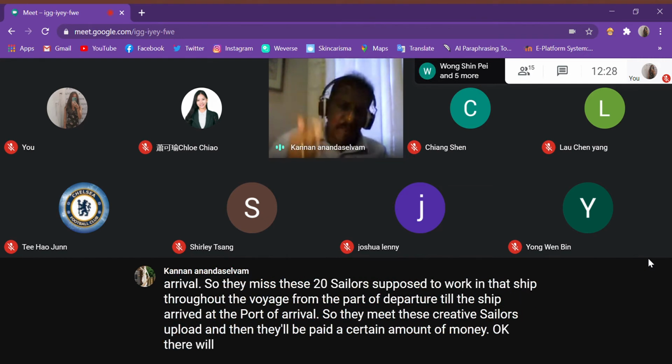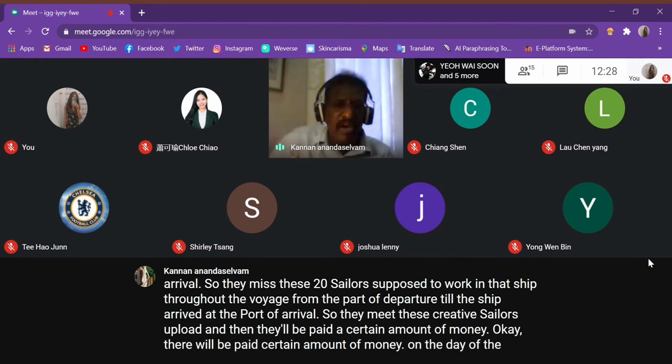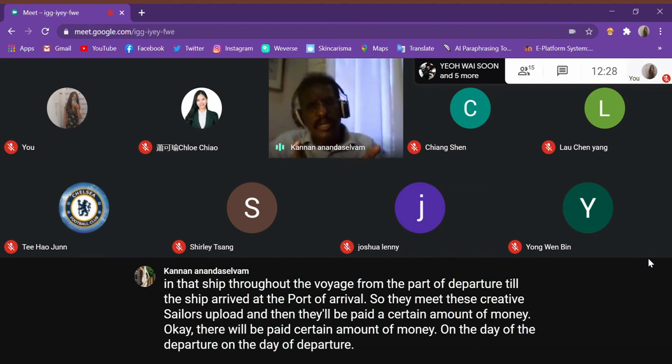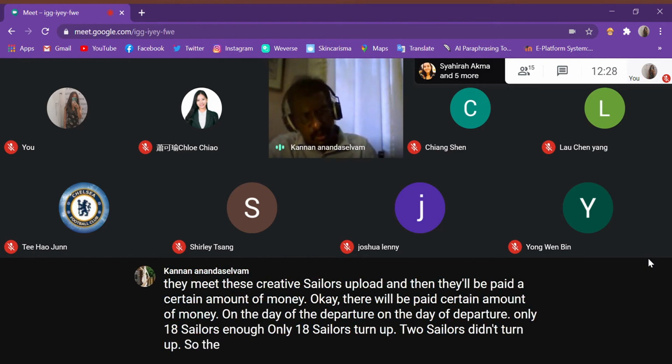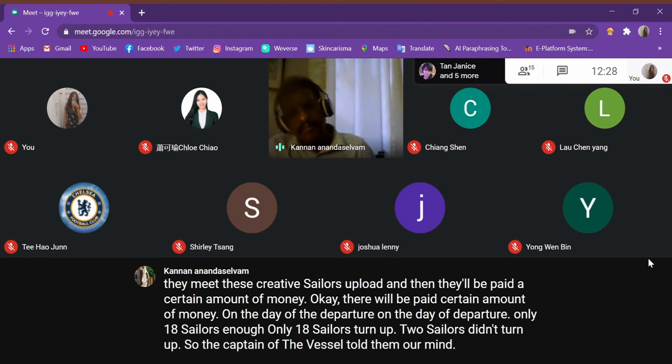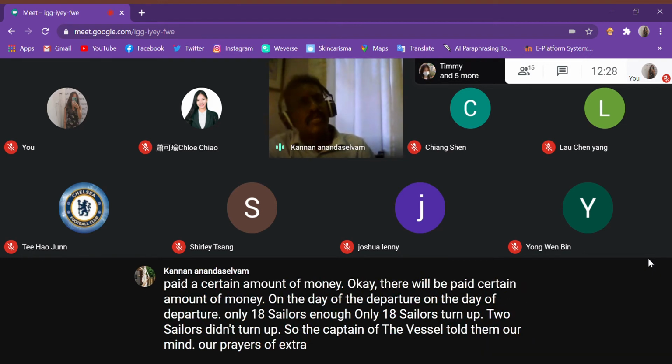On the day of departure, only 18 sailors turn up. 2 sailors didn't turn up. So the captain of the vessel told them, never mind, I'll pay you some extra for doing the job of the 2 sailors.